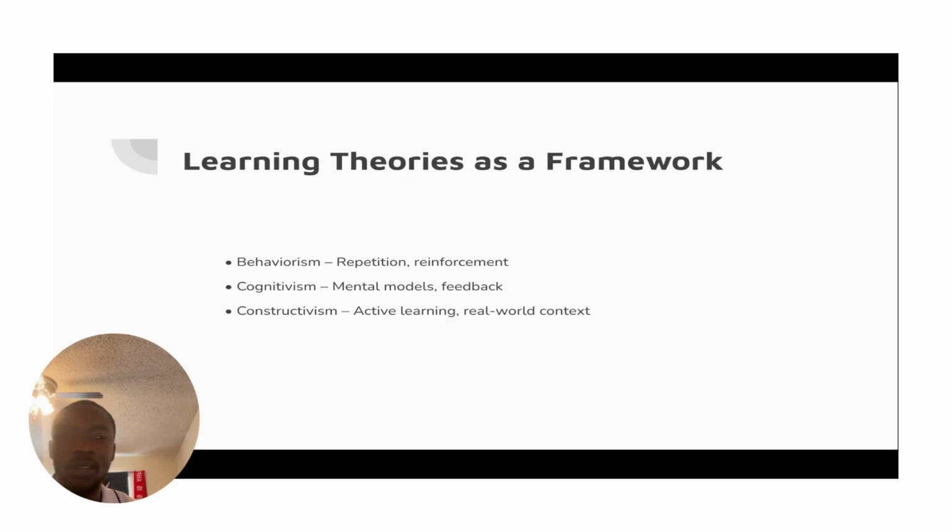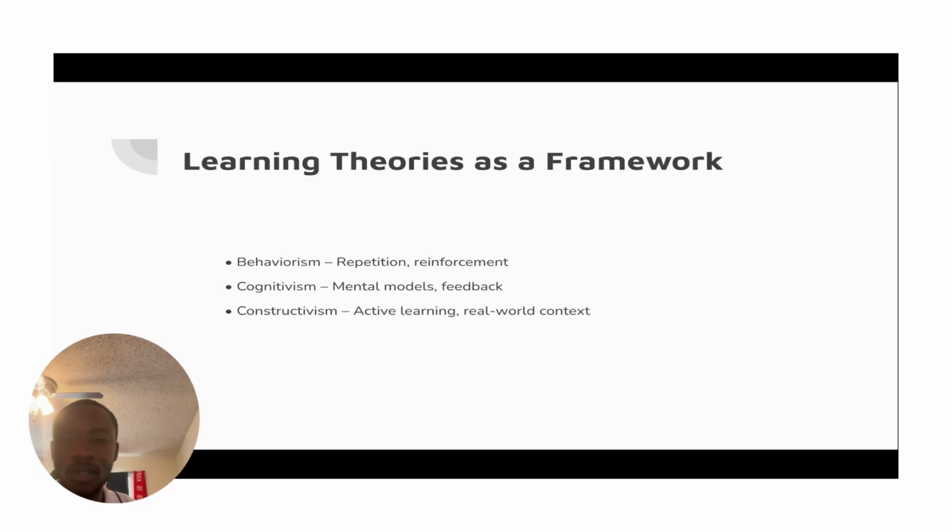Now, let's talk about the learning theories as a framework, the major learning theories as a framework. When we talk about the different learning theories that we know, usually these three come to mind: behaviorism, cognitivism, and constructivism. And each of them works in different ways. For example, when we talk about behaviorism, we look at repetition and reinforcement because we are looking at human relations and behaviors.